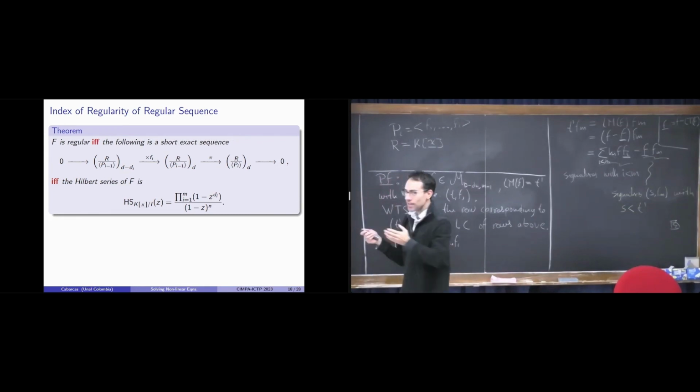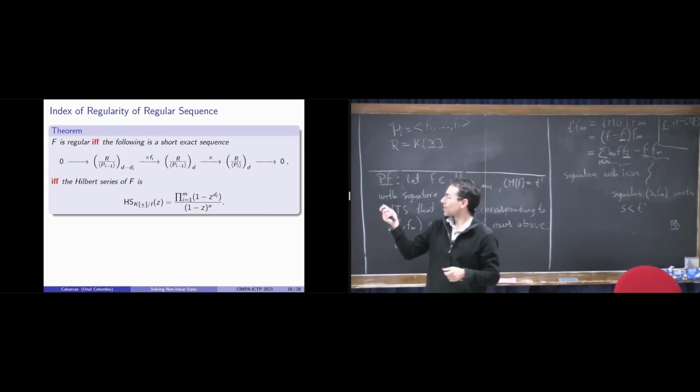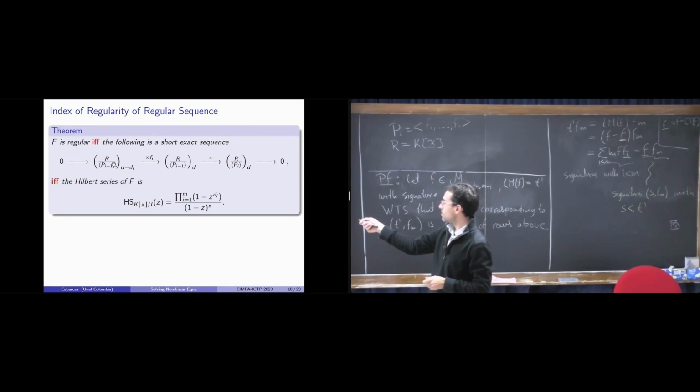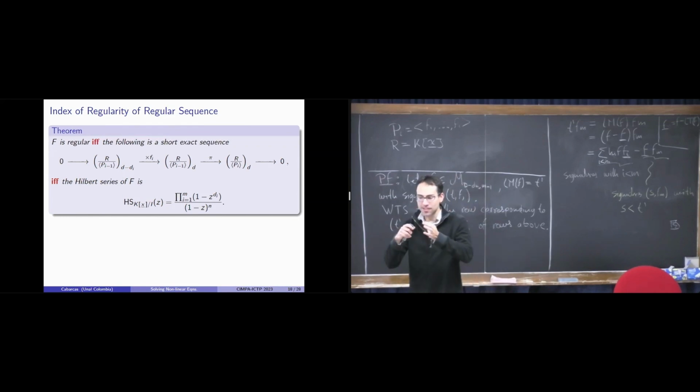So once we have that this is a short exact sequence, then we know that the dimension of this here minus the dimension of this plus the dimension of this is 0. And so that gives us a recurrence relation among the Hilbert functions of these things for every i and for every t.